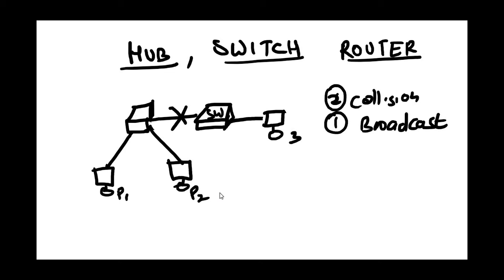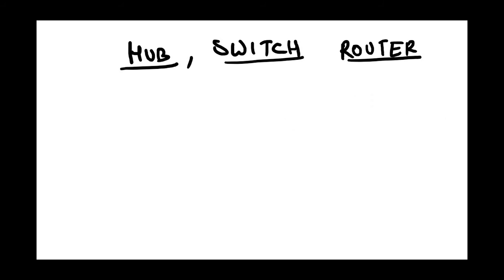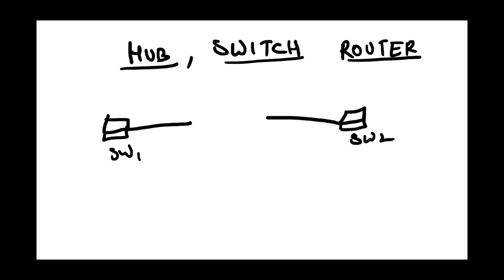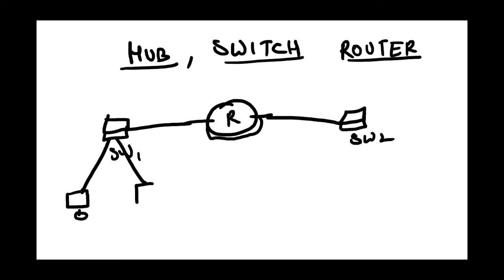And now let's talk about the router. So we add switch 1, switch 2, which are connected with a router. And we can add PCs, P1, P2, P3 and P4.